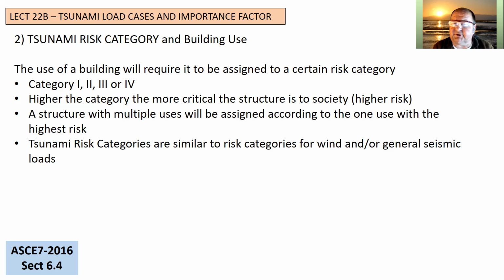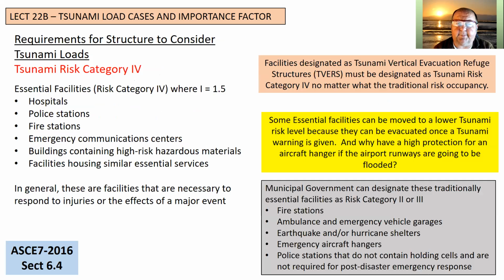These risk categories are similar to just the regular wind risk and seismic risk categories with a few unique features. So risk category 4, this is the highest risk type of facility. These are what are known as essential facilities. And in general, it's facilities that, if we lose the use of this, it's going to create a very large impact on the ability to respond to the tsunami.